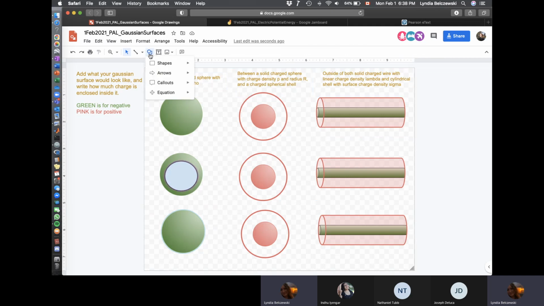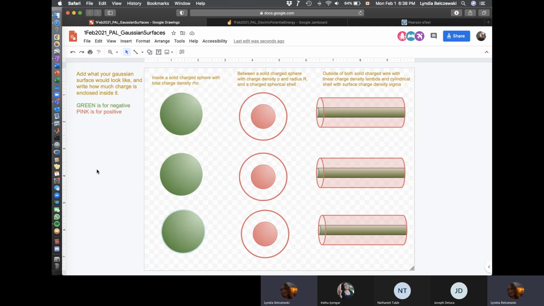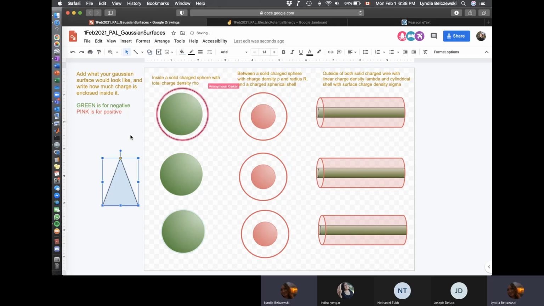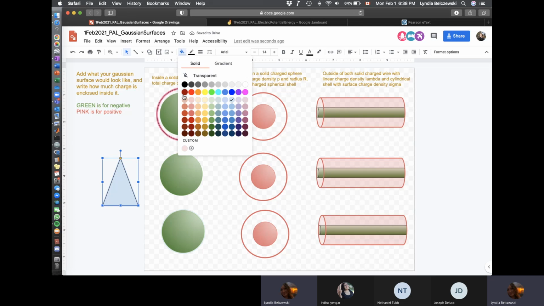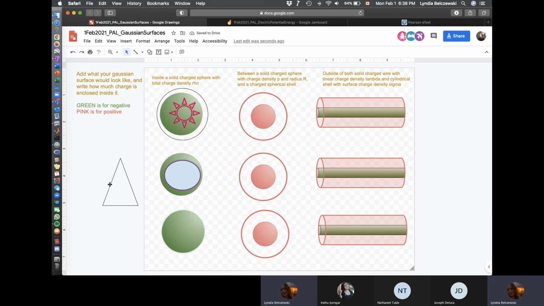And so you can go in here to shapes. You can make a circle or a triangle or a square or a cylinder or a sun, apparently, if that's what you want your Gaussian surface to look like. So add a Gaussian surface for each of these. I do want to point out that when you do a triangle, for example, you can make the inside of your triangle transparent so that it's just like the black line, if that would be easier.